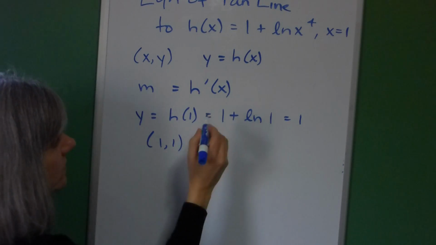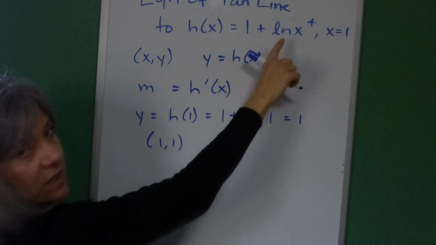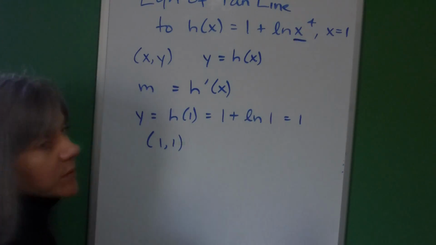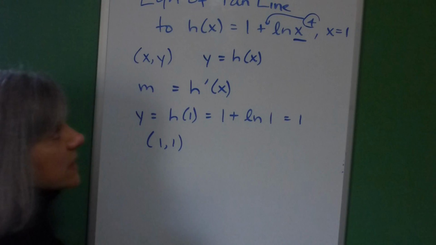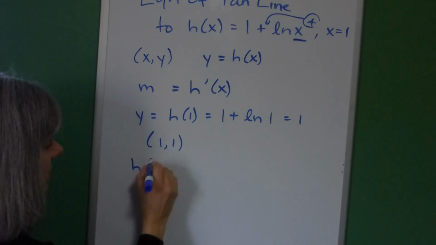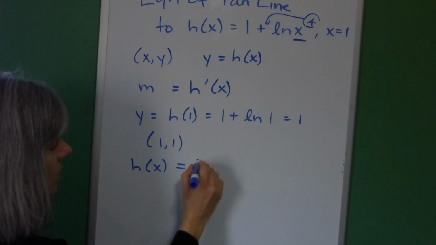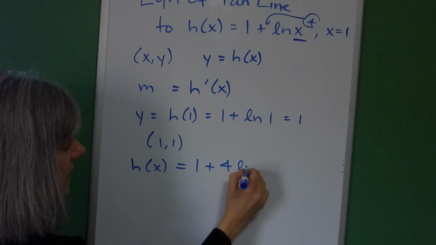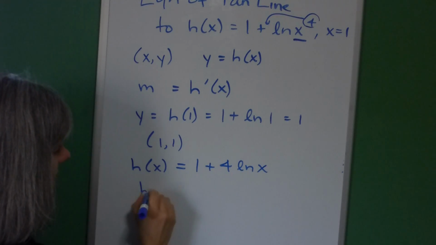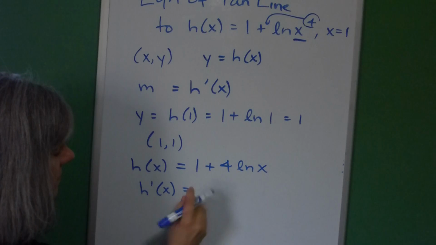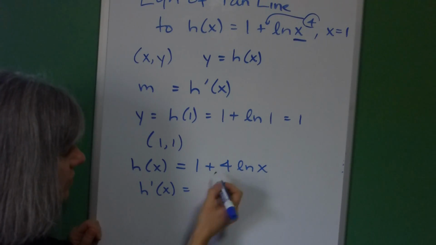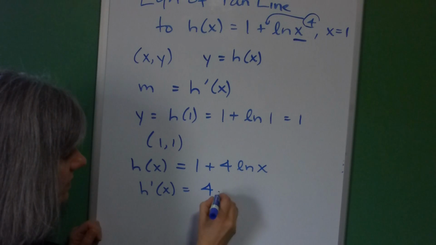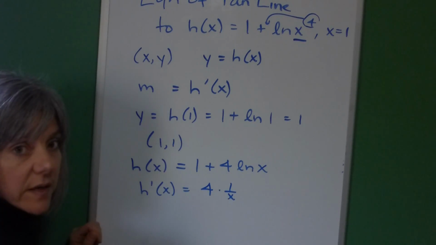Okay, we need the derivative. Is this ready to take the derivative? No, because this is not a plain x. We need to take this and put it down in front. So let's rewrite h of x: 1 plus 4 ln x. So that means the derivative of 1 is 0, so that's 0 plus 4 times the derivative of ln x, 1 over x.